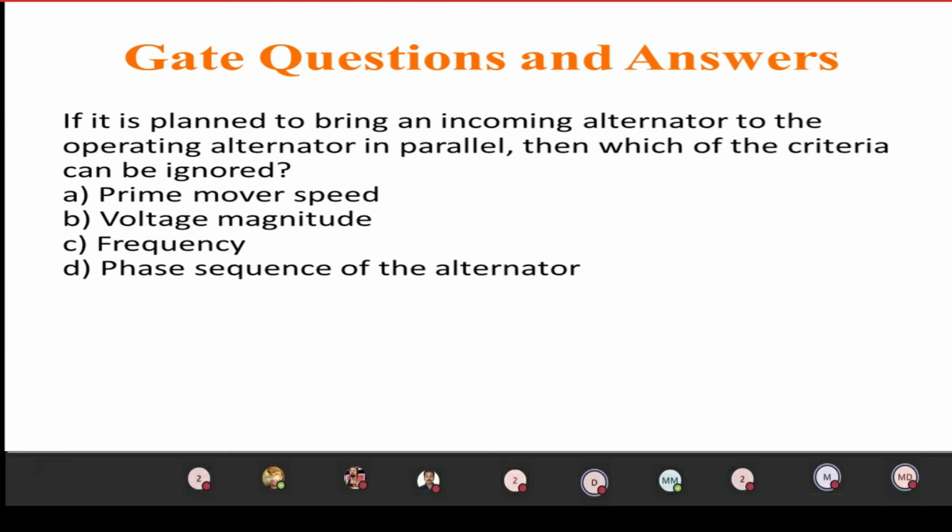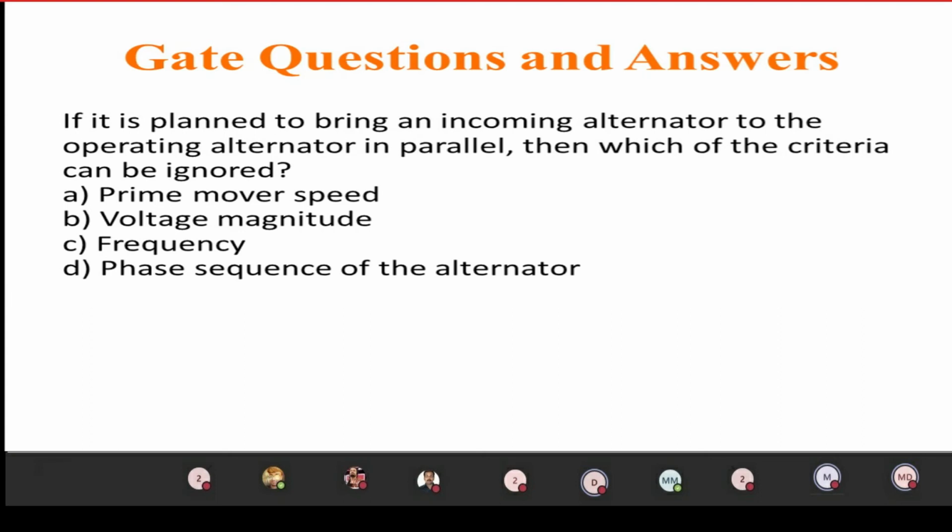So what are the conditions for parallel operation? First, the voltage must be the same, so we cannot ignore the voltage. So option B is not the correct answer. Second, the incoming alternator frequency must be the same as the existing alternator, so frequency is important and we cannot ignore it.